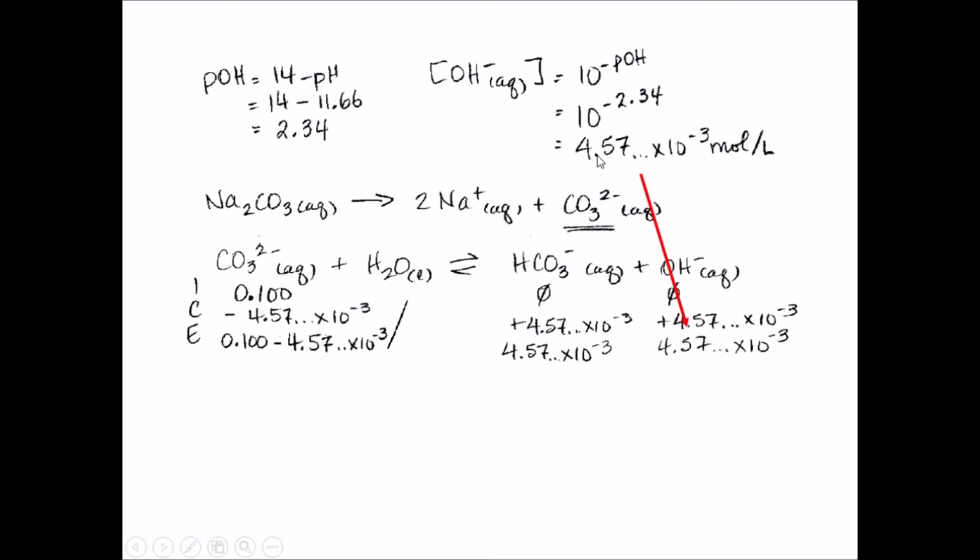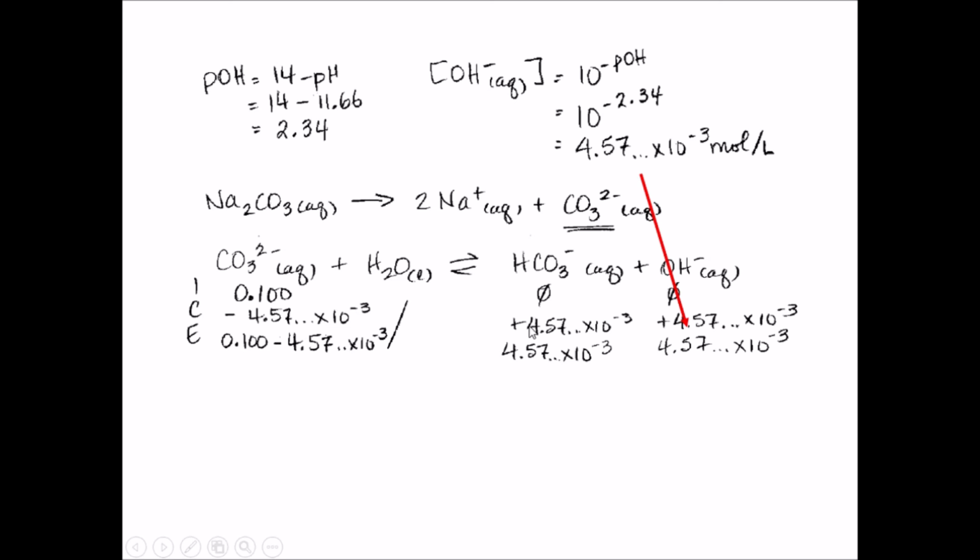We already calculated the concentration of OH minus at equilibrium, which we can then put into our ice table. Since we know the initial and equilibrium values for OH minus, we can solve for the change. Once we know the change of OH minus, we can solve for the change of all other species using stoichiometry.